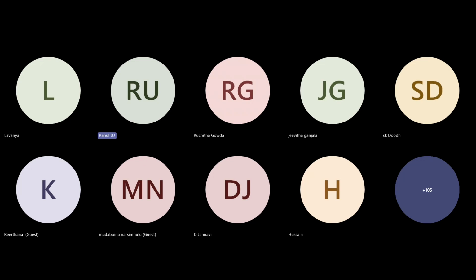After preparing 8 dosas, if anyone needs an extra dosa, the process will continue. It's just the theory part, so I'm not writing anything and not sharing anything on the screen.